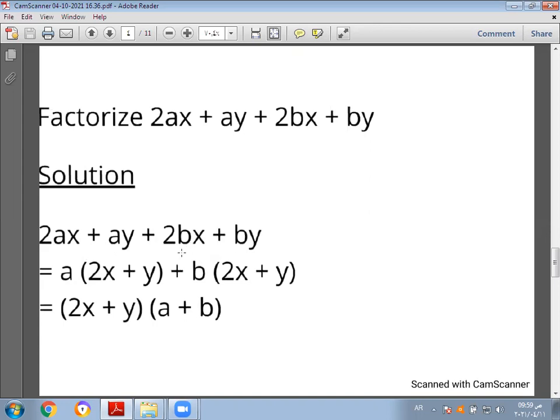Here we take b, and we find the remainder 2x plus y. Again we have 2x plus y as a common factor. We take it out once, and then the remainder will be a plus b.